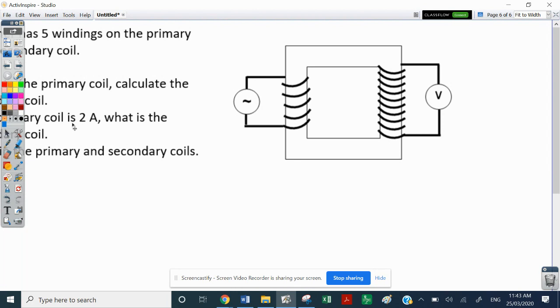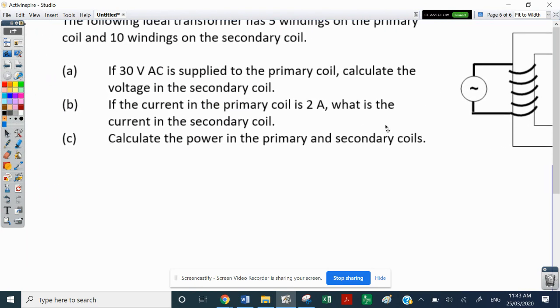Over here is a diagram of the situation of the two coils. We've got a primary coil and a secondary coil. This symbol here is saying there's an AC power source attached to the primary, and this is the output voltage.